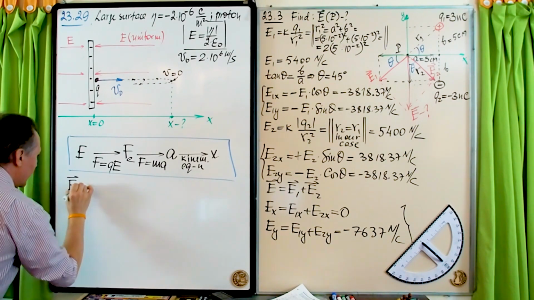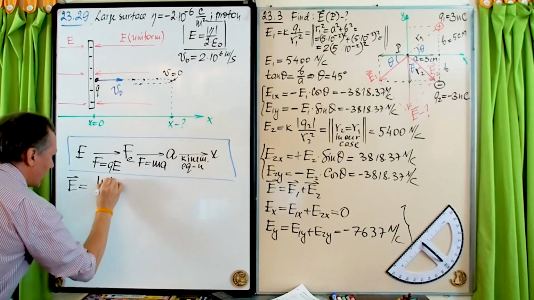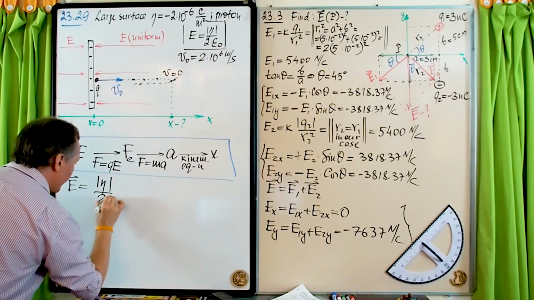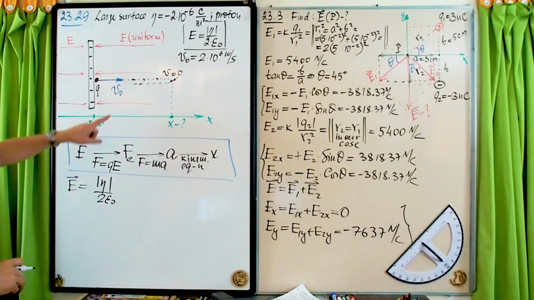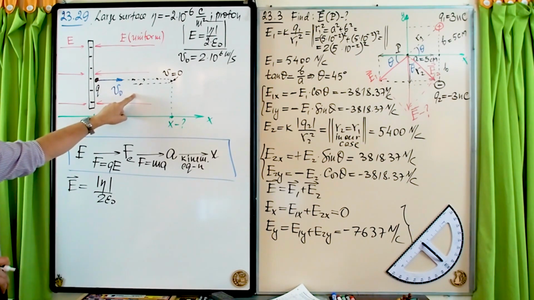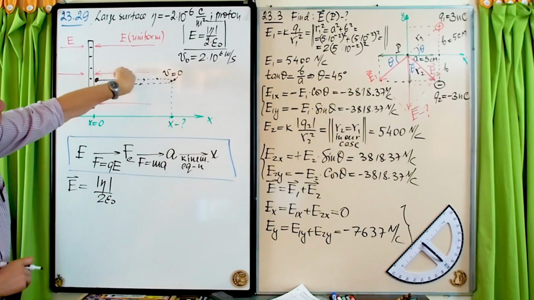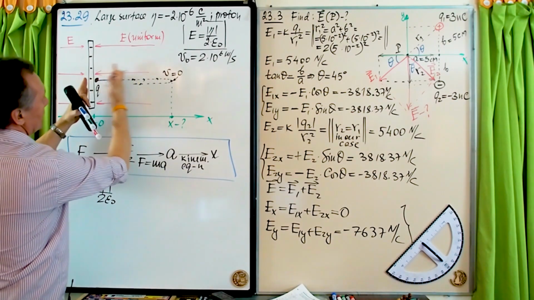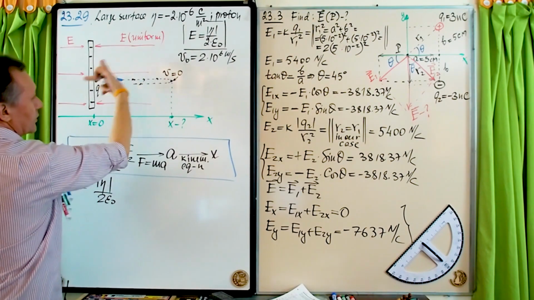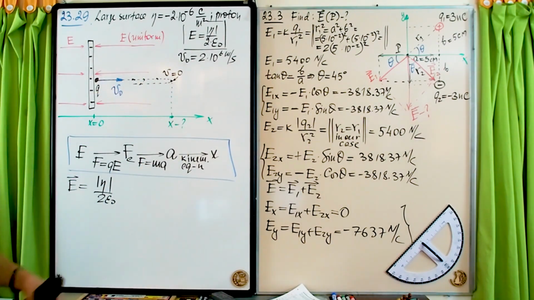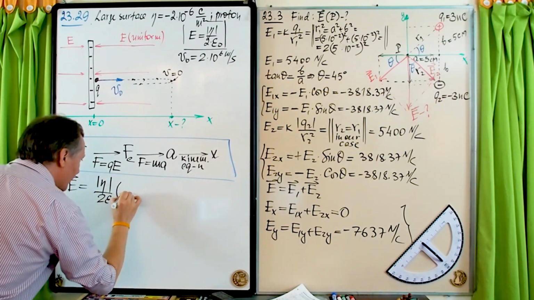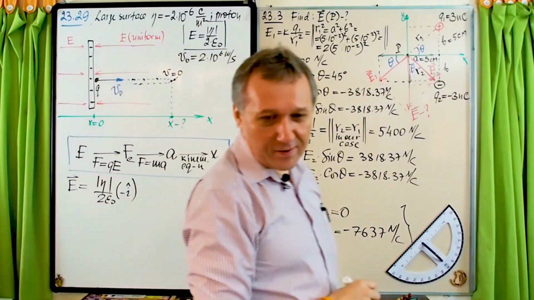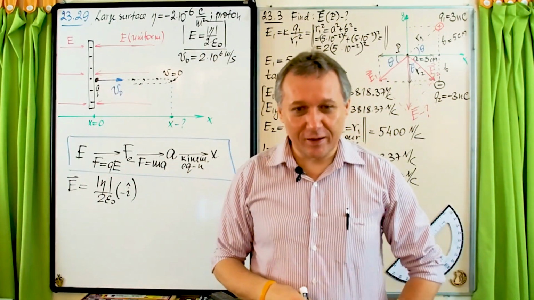Electric field equals the absolute value of the surface charge density divided by 2 epsilon naught. Now let's look at the picture and write it as a vector. You see, electric field points that way, because the charge Q, the proton, is on this side of the plate, so electric field points in the negative x direction. So in the vector form, I will have to put minus i hat.